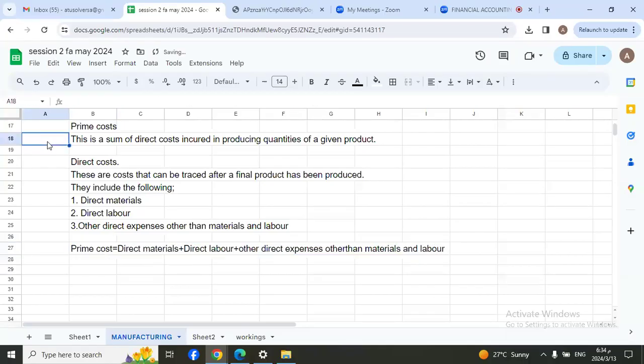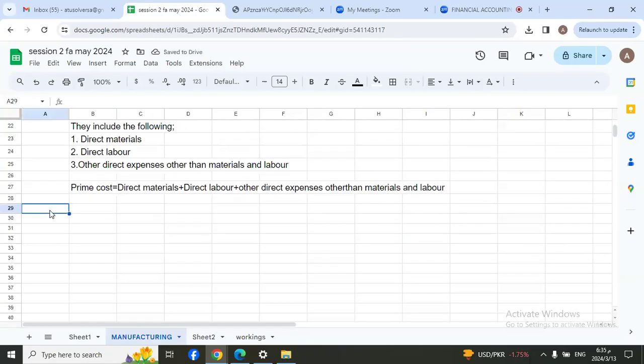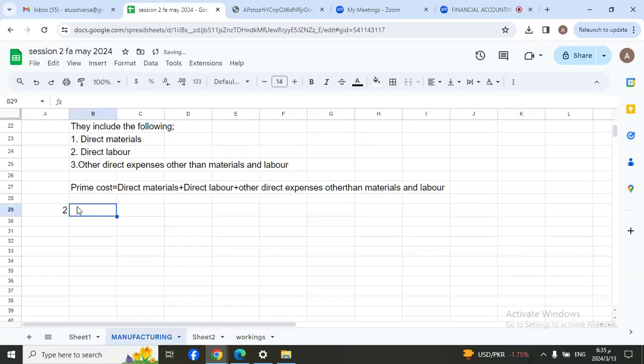So this was element number 1. We are going to element number 2. We normally call it factory overhead costs.